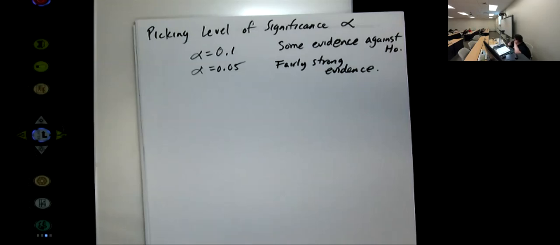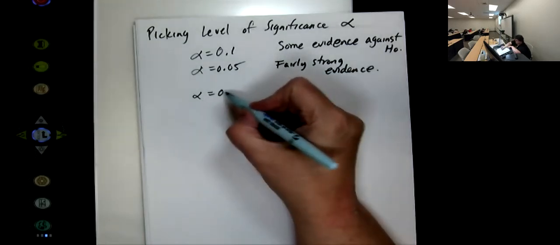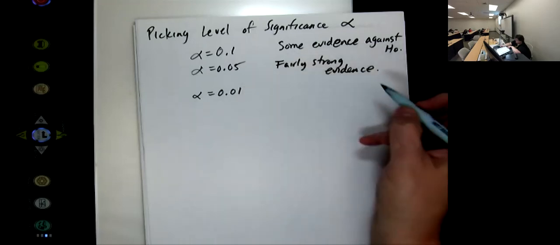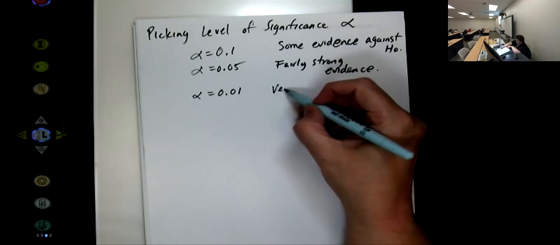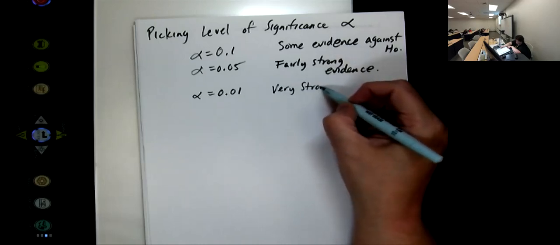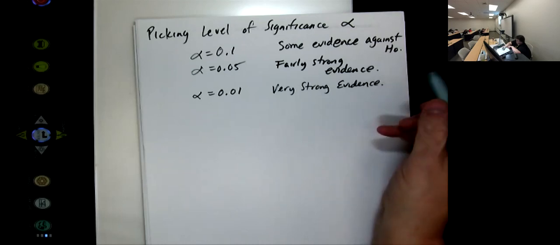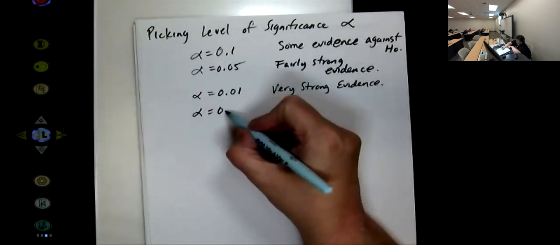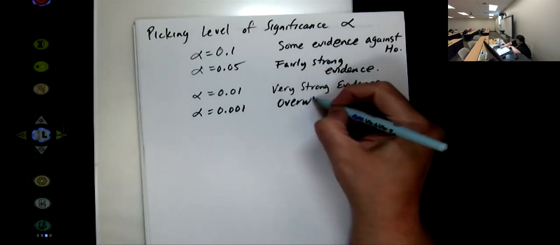Sometimes it's pretty important that we are very sure, so we might want something more strict. 0.01 is very strong evidence. And we could even go 0.001. At this point, it's like overwhelming evidence.